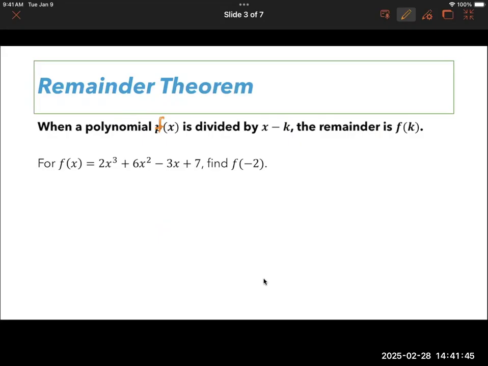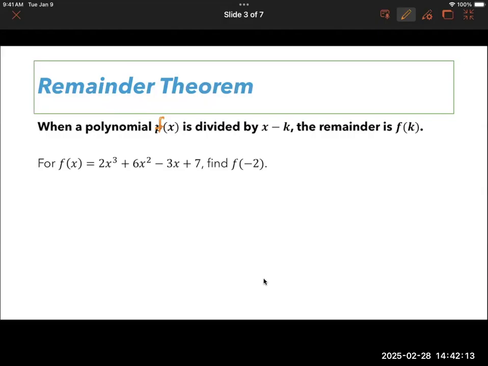And so this can give us a nice little shortcut for figuring out how to evaluate polynomials. You can always substitute in and work it out, but that is going to require some exponents, and depending on the degree of your polynomial, it could be a little bit complicated. Where here, if we use synthetic division, we're really only multiplying and adding. So it makes it a little bit easier.